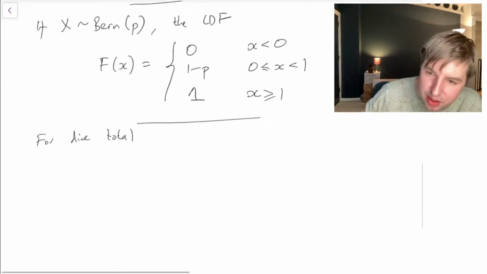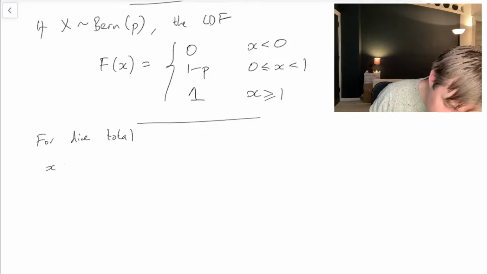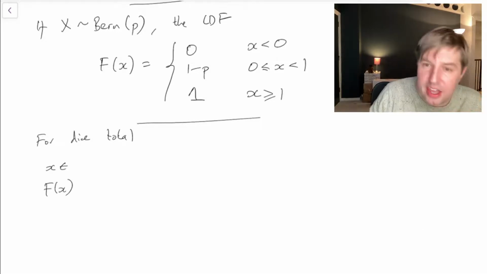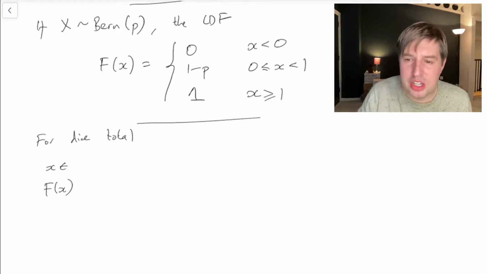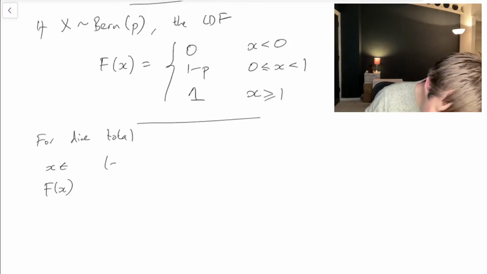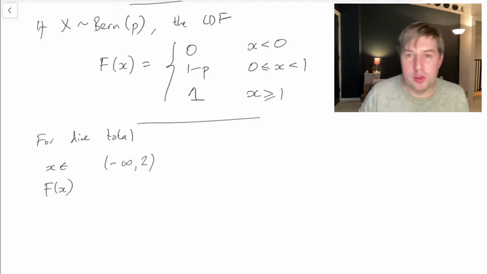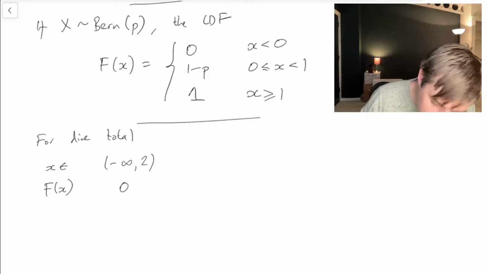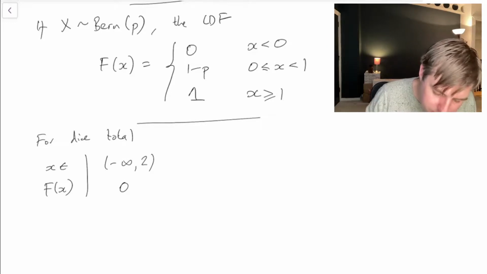I won't write out the whole thing, but again, you have this stepwise behavior. If x is in, I'm using that set theory notation for is in, between minus infinity and the smallest possible value, the smallest possible total is 2, then there's 0 probability.